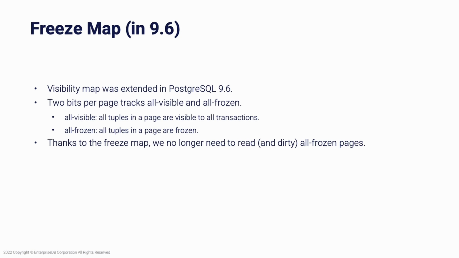So thanks to the freeze map, we no longer need to read and dirty all-frozen pages, possibly reading from the disk, which significantly reduces the amount of freezing work for static tables and mostly insert-only tables.